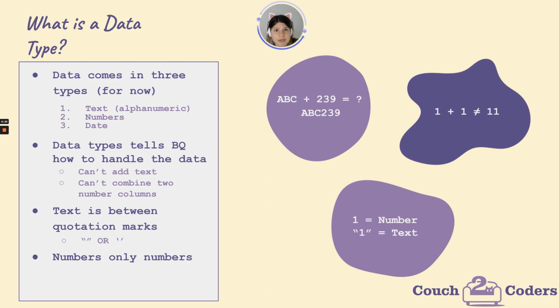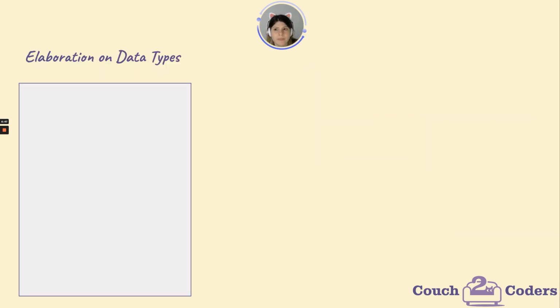So numbers are only numbers, and text can be numbers or letters. And then dates have a special format, which we talked about briefly on the previous slide. And we'll go into more detail a little bit later.